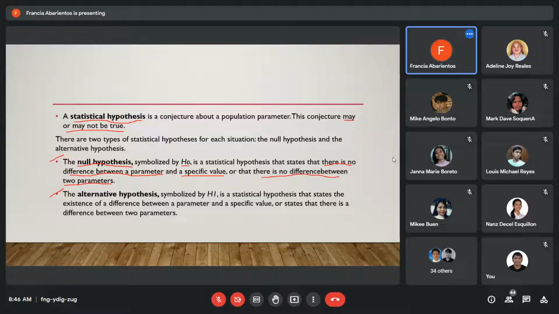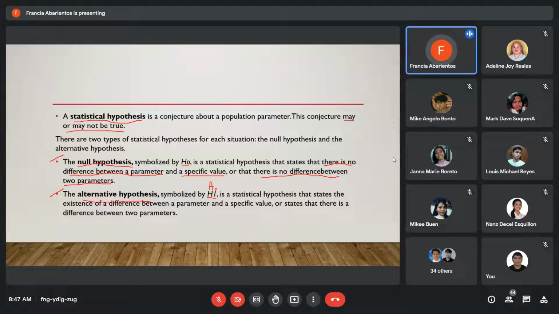Okay? We have also the alternative hypothesis. Yan. This is H1 class. Kadalasan H1. In your senior high, ano yung mga ginagamit yung statistical symbols, specifically for the null and the alternative hypothesis.